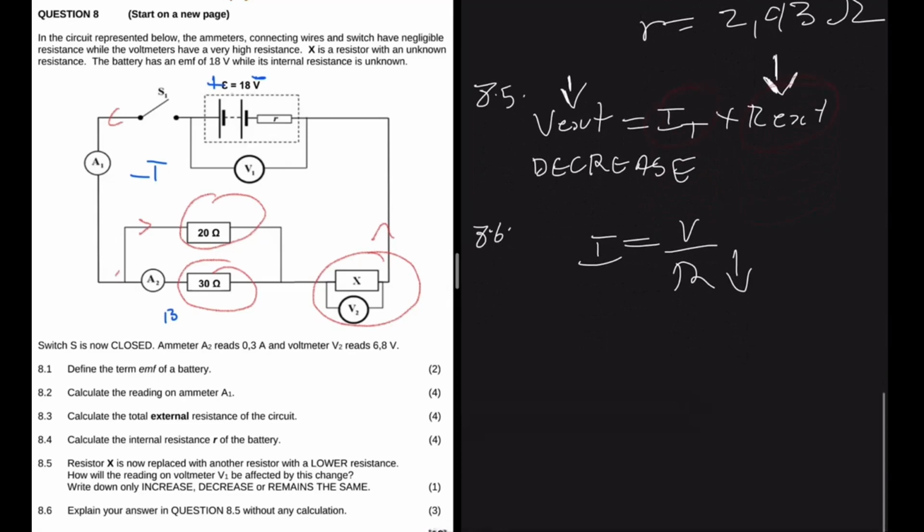But the thing is, EMF is constant, right? And then EMF is equal to IR plus I multiplied by internal resistance. So we're saying the external resistance will go down, right? When the external resistance goes down, the current will definitely go up, right? But let's look at this part of the equation here.